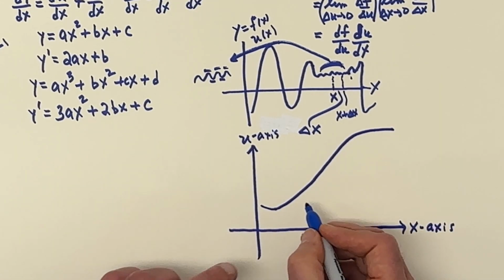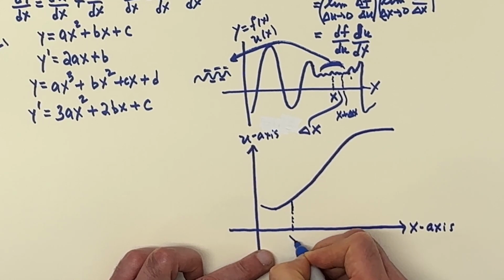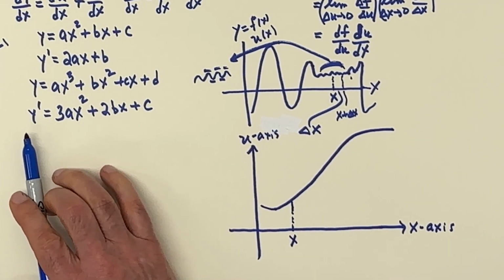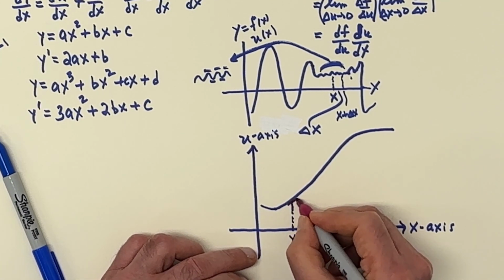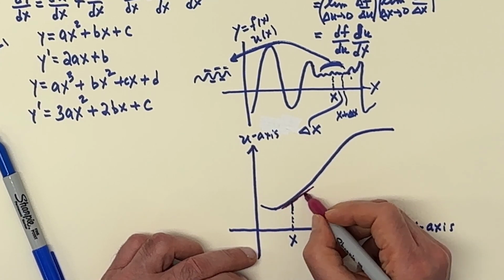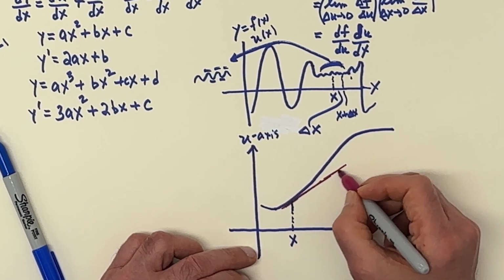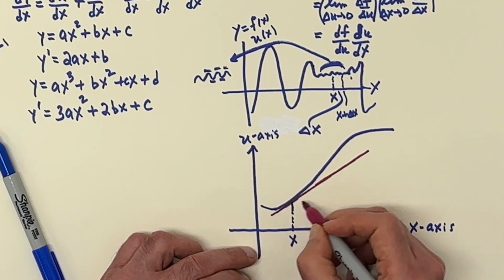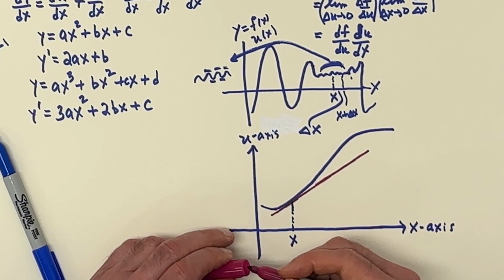And I'm interested in the slope at this point x. Well, the actual slope itself is the tangent here. So if I did that, and I go up like this, this is the actual slope that we're interested in.